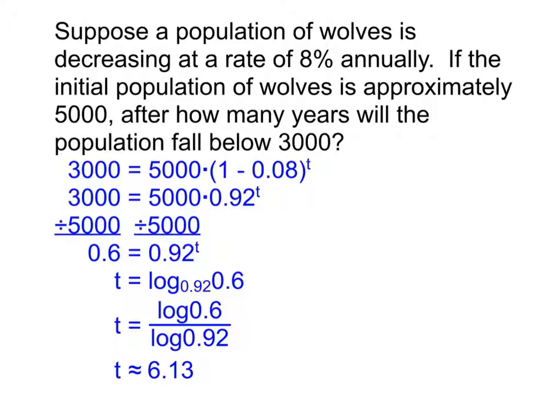But certainly if you want to remember in terms of, well, the little one as in it's written little goes on the bottom, that would make sense. But you do need to be able to do that conversion or be able to find the answer, which is about 6.13 or 6.1. We didn't specify what to round to here. So it takes about 6.13 years for the population to fall below 3,000.